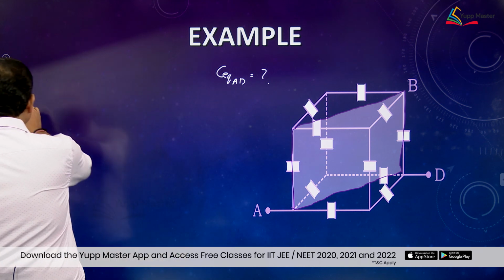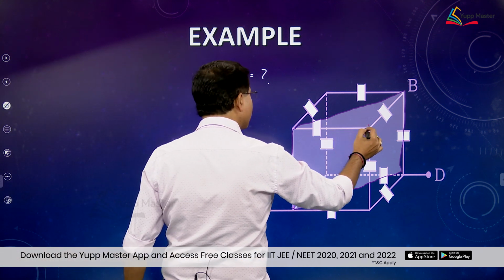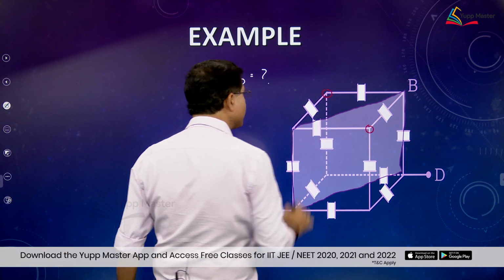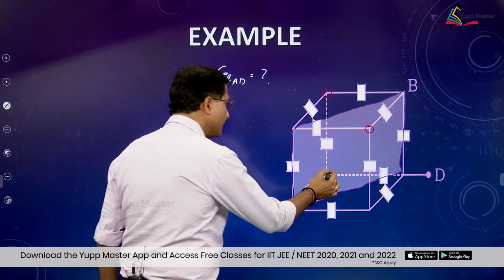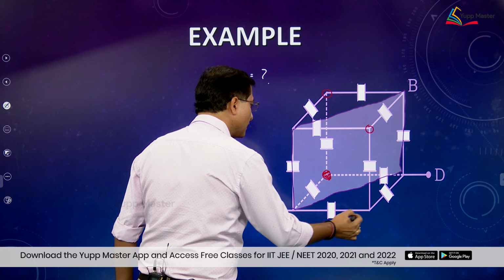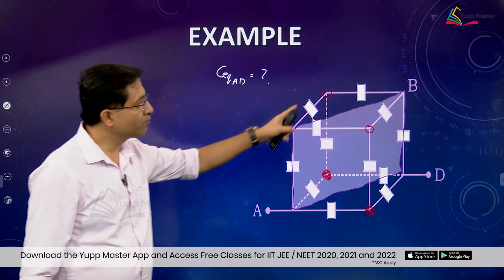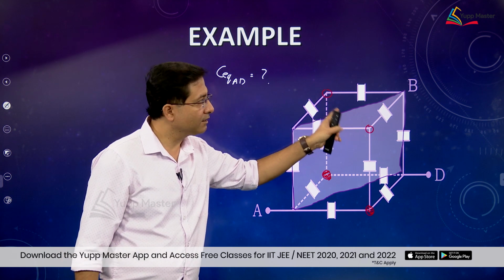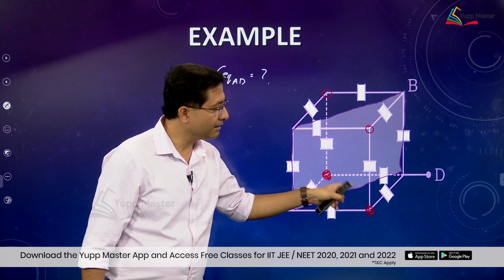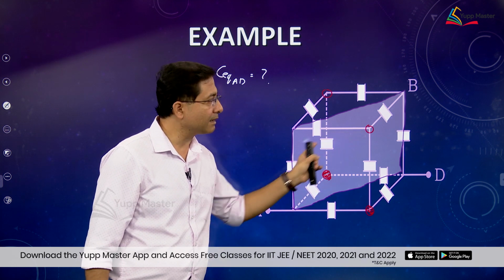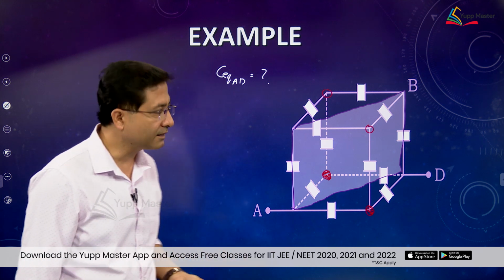So I can say that, same logic, potential here and potential here will be same, and potential here and potential here will be same. So if they have got the same potential, then I can represent them by a single point, and after that I will get all the capacitors in a series parallel combination and I can simplify the circuit, right.